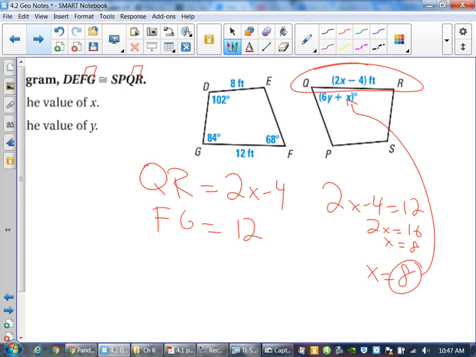Now, if I go back the other way, now that I know that 8 is x, I can substitute that there. So I know that angle Q is 6y plus 8. What does angle Q match up with? If it's the third letter, it matches up with F. So 6y plus 8 has to equal 68.